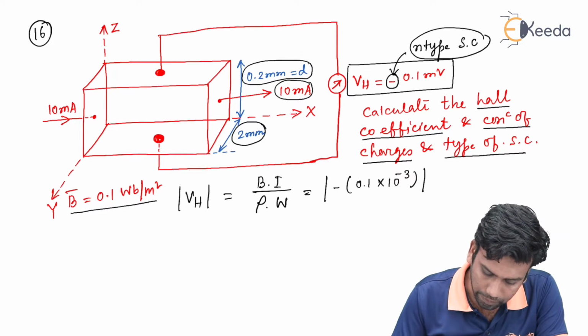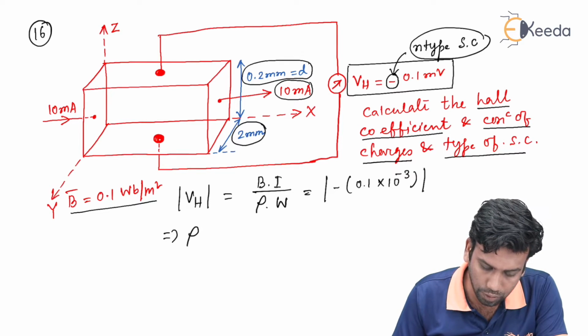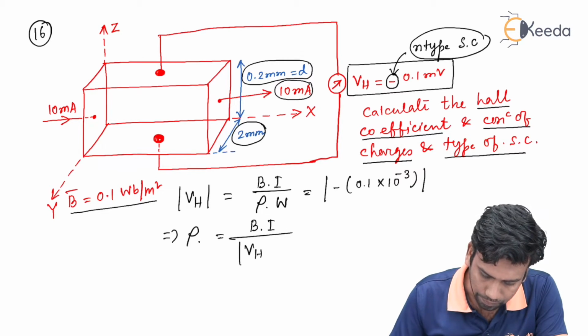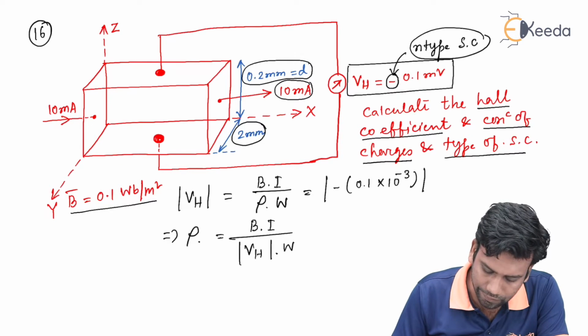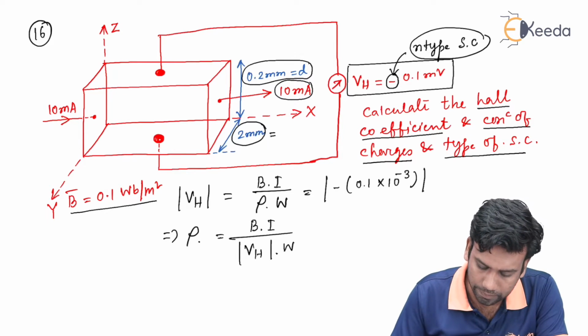Now, from this equation we can find the value of rho, and rho is given by B into I divided by V_H into W. So, B, I, V_H, W all are given, and W is the width.